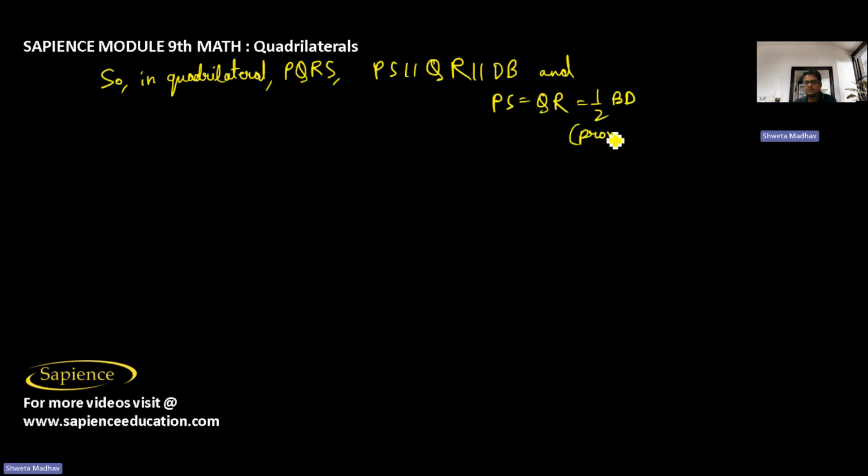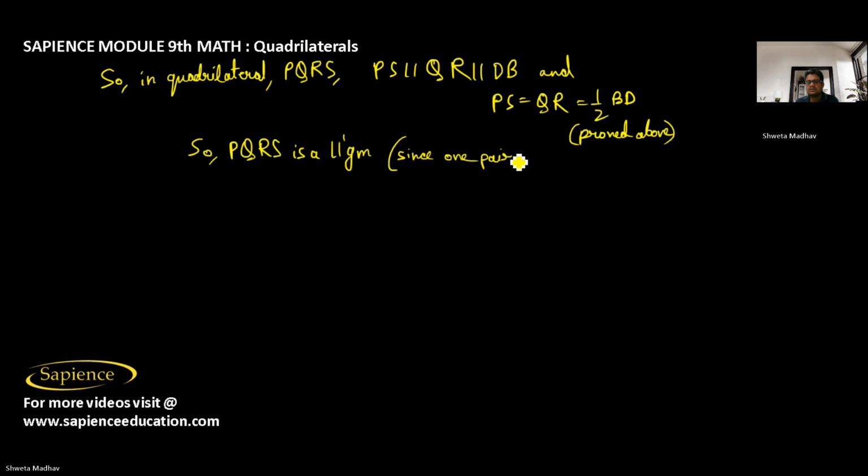Since we have proved these things above, I can say that PQRS is a parallelogram, since one pair of its opposite sides are parallel and equal.